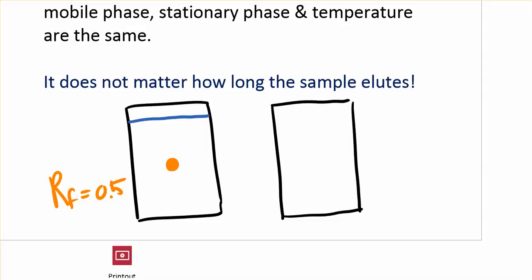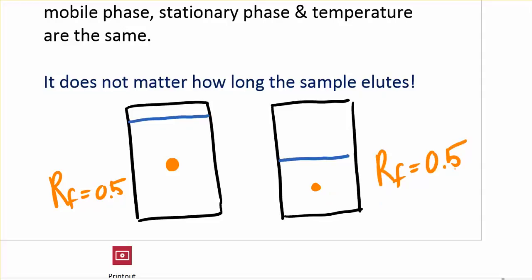If we took the same unknown, same solution, same temperature, ran it less time, the unknown would still be about halfway up to where the solution is. The RF would be the same number. In this case, the distance that the solution traveled was less, but so was the distance that the cation traveled. So that ratio of spot over solution comes out the same.